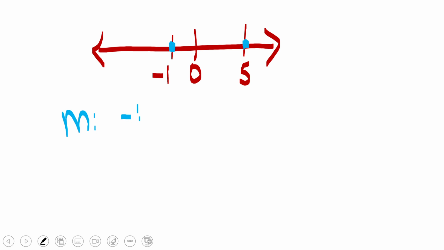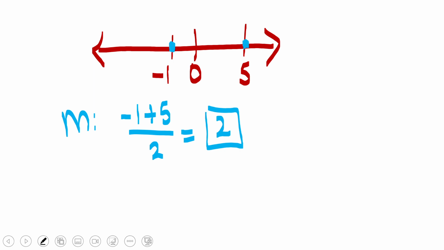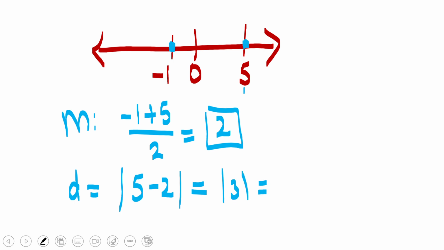So you're going to have -1 plus 5 divided by 2 for the midpoint. -1 plus 5 is 4, divided by 2 is 2 for the midpoint. Or for the midpoint, did I say distance? Okay, so the distance now is the absolute value of 5 minus the midpoint, which equals 3 for the distance.